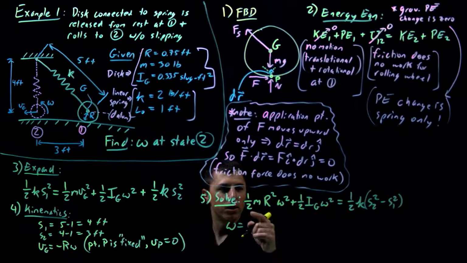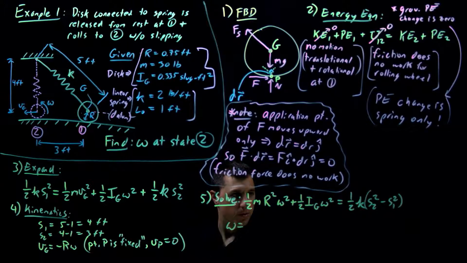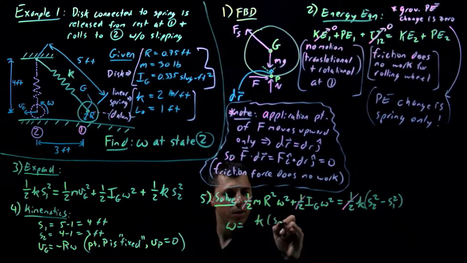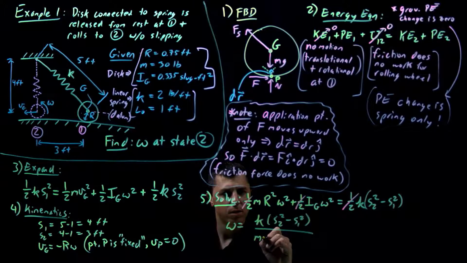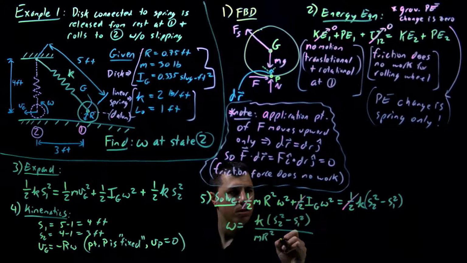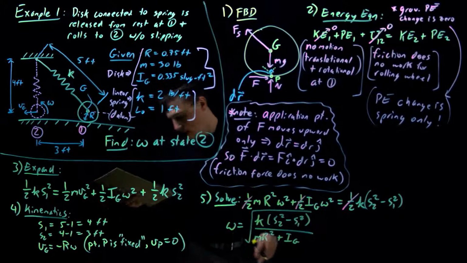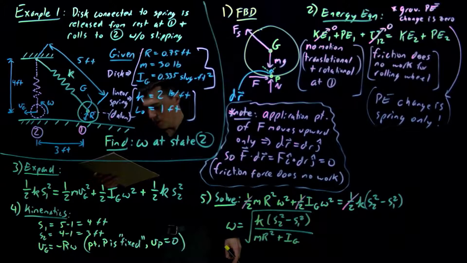Omega is going to be, every single one of these terms has a 1/2 in it, so we have k times (S2 squared minus S1 squared) divided by (mass r squared plus Ig), square root of that. Are there any tricky units in here?